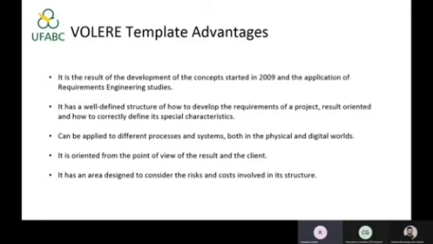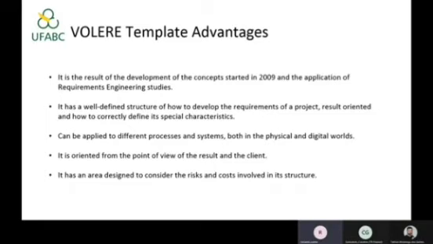The Volere template advantages. It's the result of the development of concepts started in 2009 in the application of requirements engineering studies. It's a well-defined, result-oriented structure of how to develop the requirements of the project and how to correctly define its special characteristics.